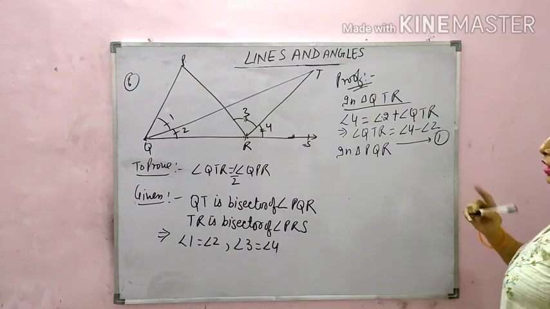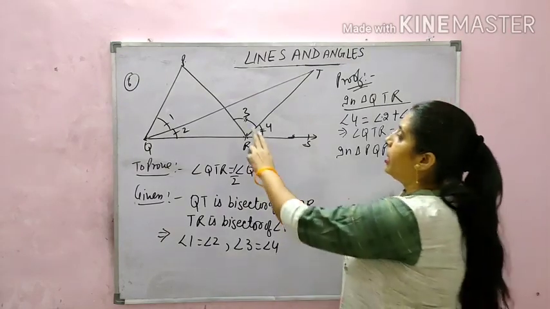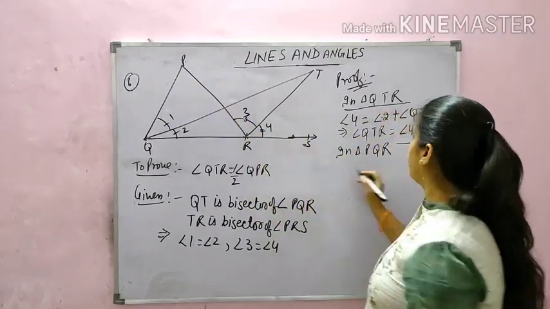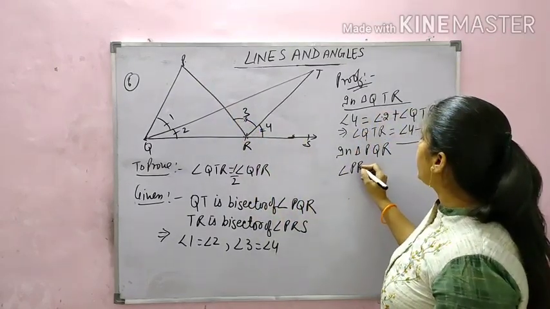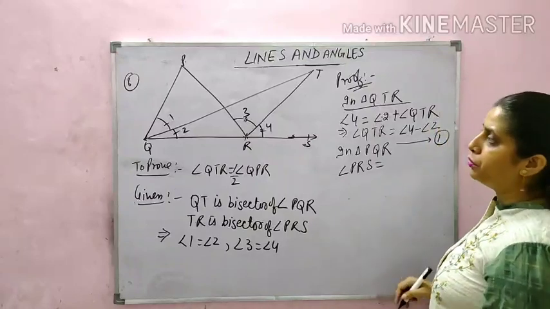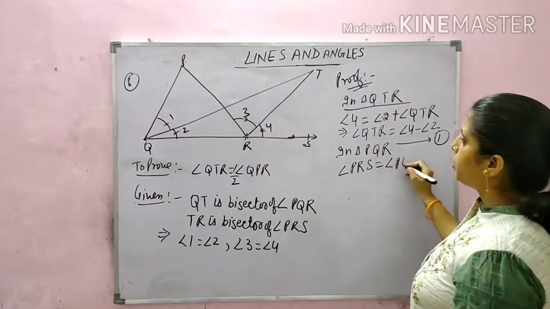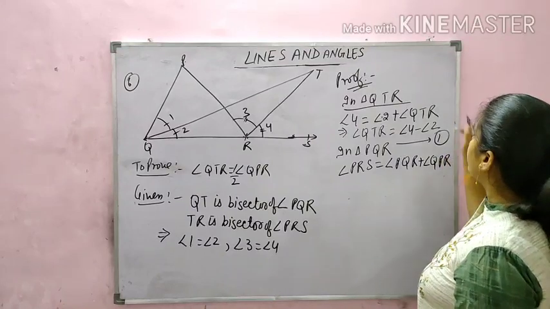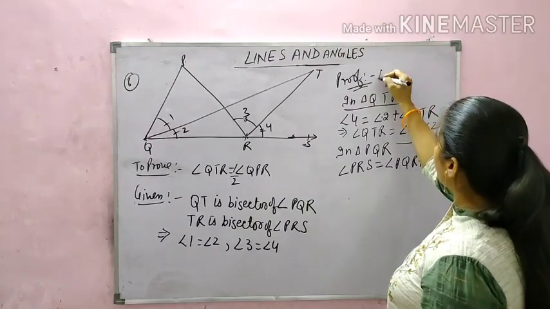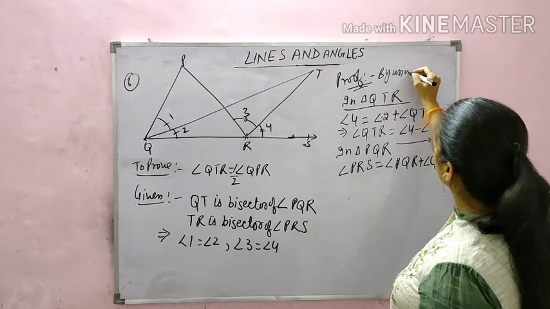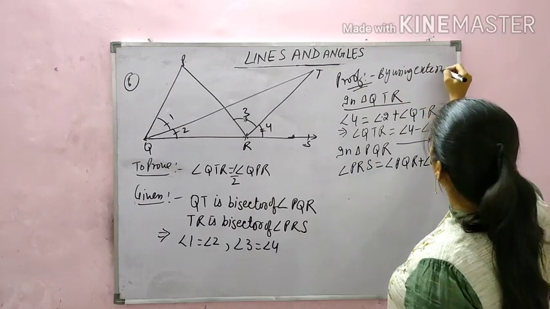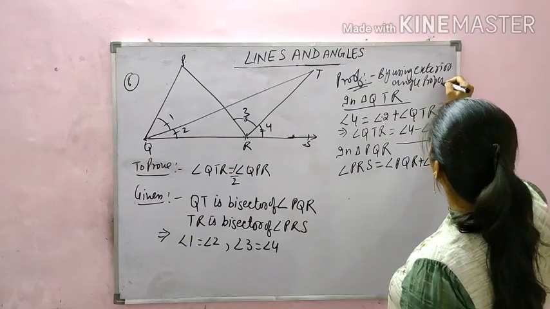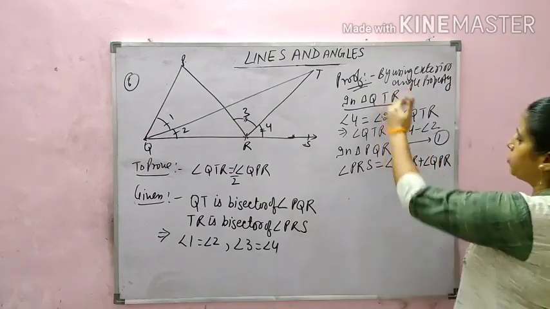Now, in triangle PQR, we have an exterior angle PRS. Angle PRS equal to angle PQR plus angle QPR. Okay? I am writing this by using the exterior angle property. Clear? In both the triangles.